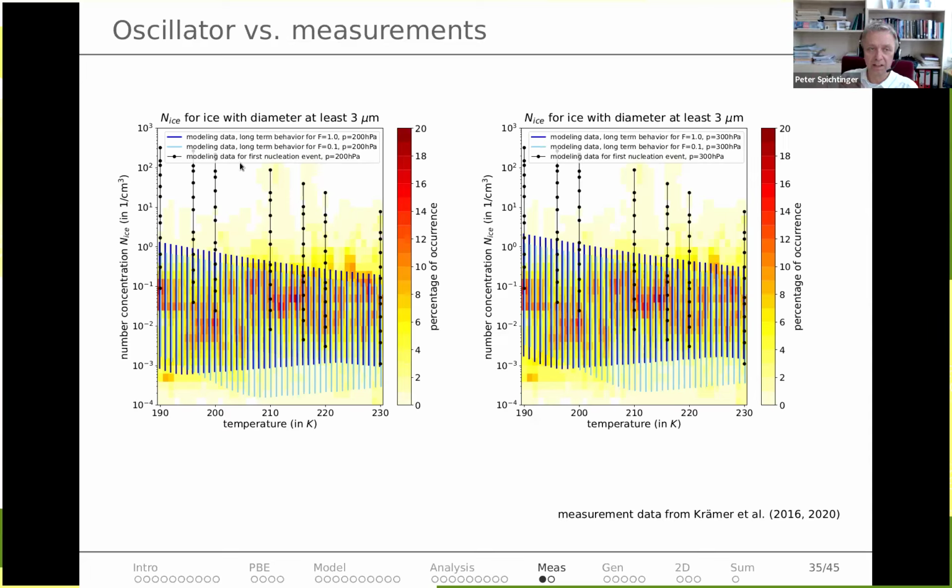These black dots are undisturbed nucleation events you get from, for instance, the Kärcher-Lohmann parameterization or something like that, in the same vertical velocity regime. I do not draw a distribution here, but you see that we are fitting quite well, or we are in the right range for the concentrations.